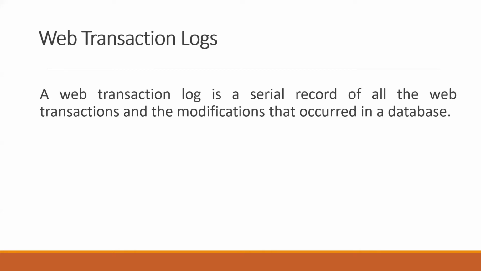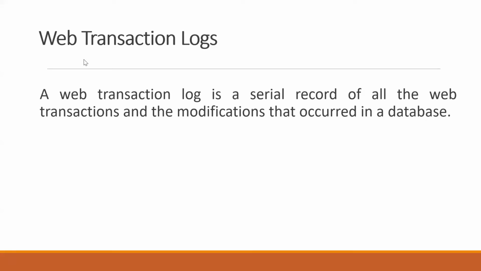So a web transaction log is a serial record of all the web transactions and the modifications that occurred in a database. It's a record of all the web transactions. It may be the information searched by the user, or the product that he wants to buy, or purchasing of a product or a service, or giving reviews or feedback, or making payment.